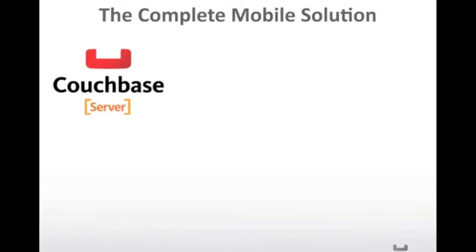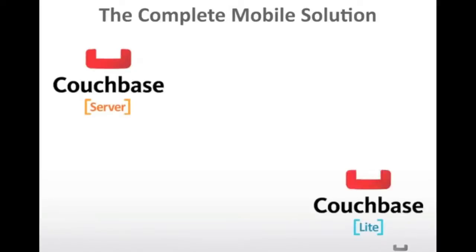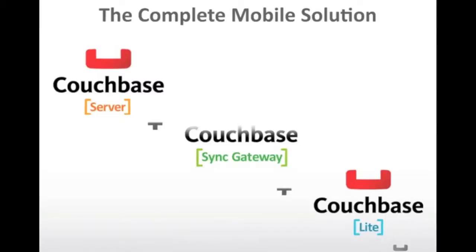So the big picture is Couchbase Server for storage, Couchbase Lite in your user's hand, and Sync Gateway applying the access control and routing data to channels. And we'll talk about the channels and such later on.